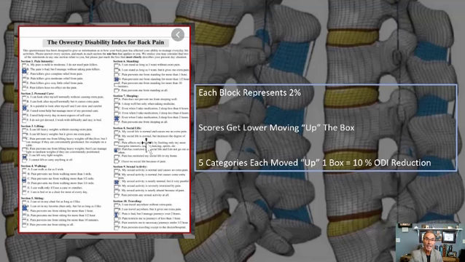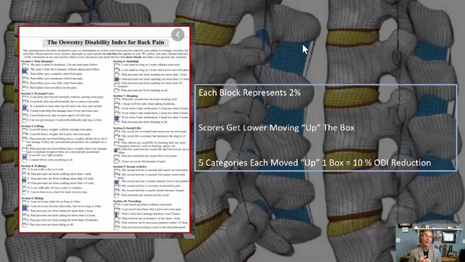If you took any of these blocks and moved up that check mark from here down lower, for example, and from here down lower, and if on any 5 blocks the check mark that you initially selected moved from a lower level to a higher level, and you did that on 5 blocks and all the other ones stayed the same, that would represent 10%.